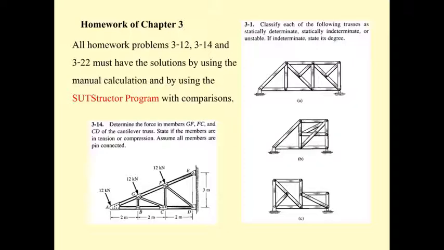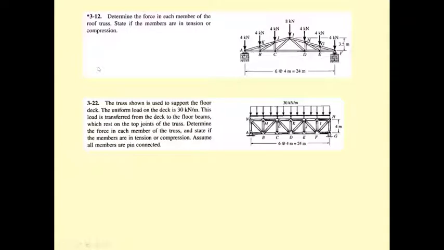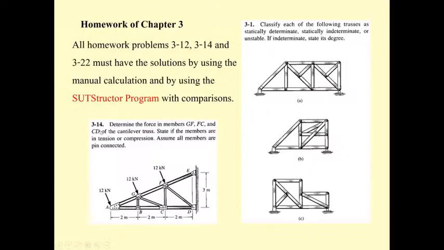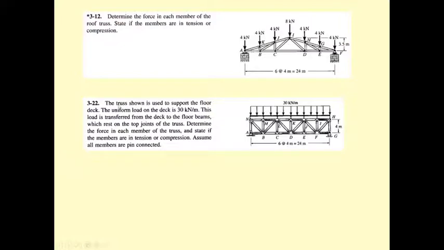If not, you have to compute using the computer again, or you have to compute using your manual calculation again. Okay, so we have 1, 2, we didn't have 3-14. We just have 3-12 and 3-22. Okay, it's 2.